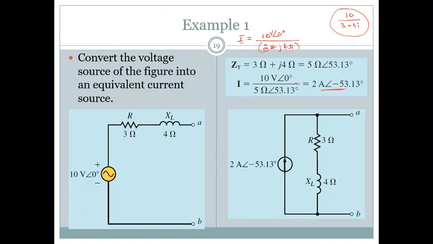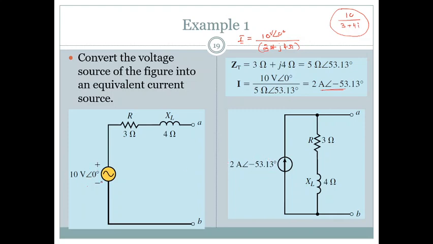So you don't have to always convert whatever the value into a polar value or Cartesian value. Use that as it is. If it is given in polar form, use it in polar form. If it is given in Cartesian, use it as Cartesian. However, in the case of representation, generally sources are represented using the polar form, because in that case it is easier to identify the magnitude and the phase angle of the source.